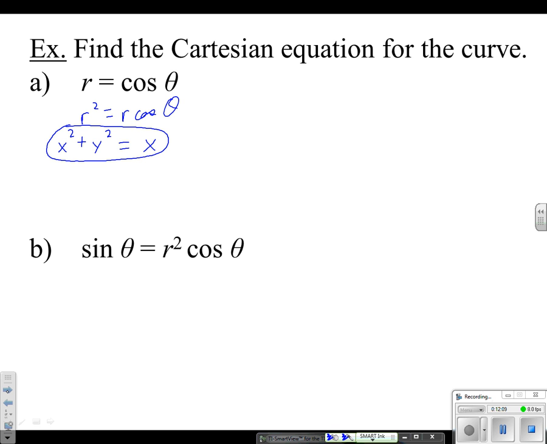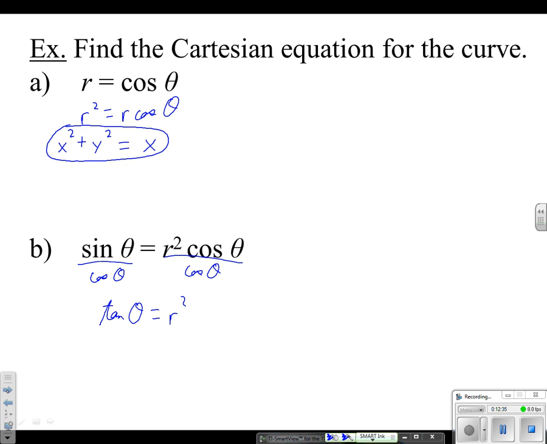There are different ways to go about this problem, certainly. Different things you could consider. One thought that crosses my mind is, what if I divided the cosine theta to the other side? So I divide both sides by cosine theta, so that I get tan theta equals r squared.